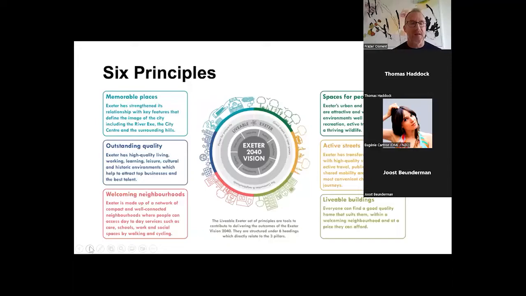Underpinning that and embedded in the local plan are 6 principles. Now, these don't mention carbon neutrality because that's inherent in everything that is in the plan. But what it does do is it tries to draw out 6 principles that we and the City Council feel are really fundamental to delivering on that livable future.